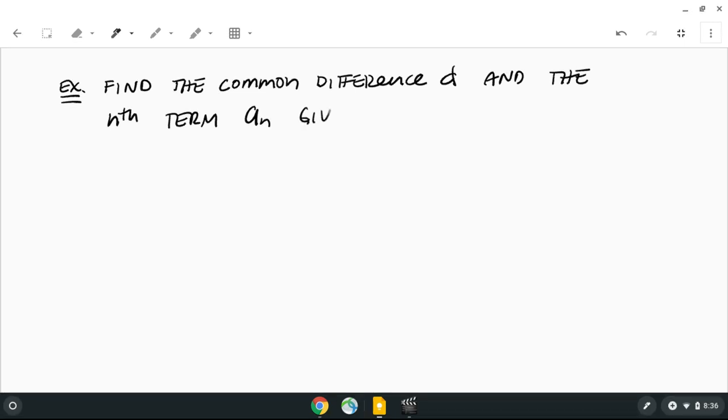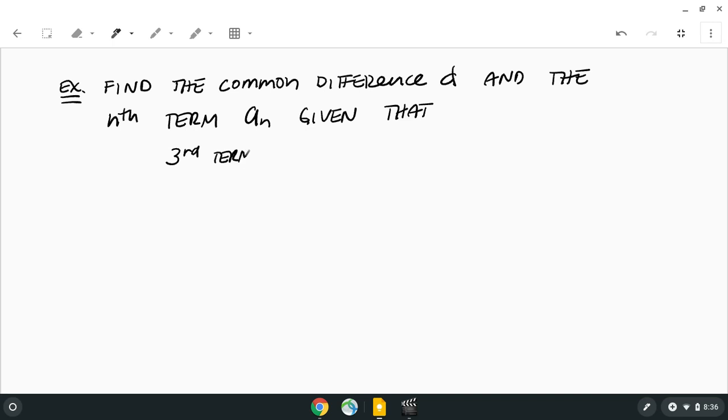Given that the third term is 15, and your 21st term is 87. Okay, so this is where it gets tricky.